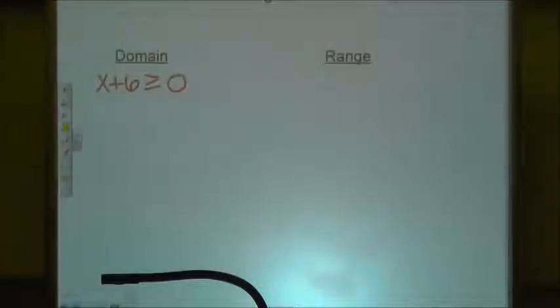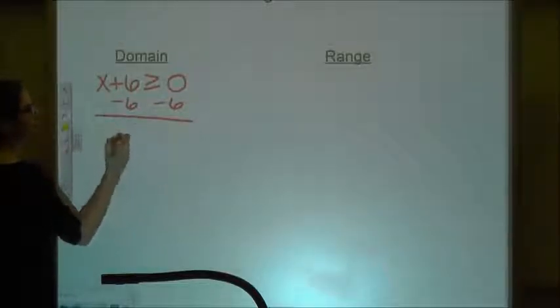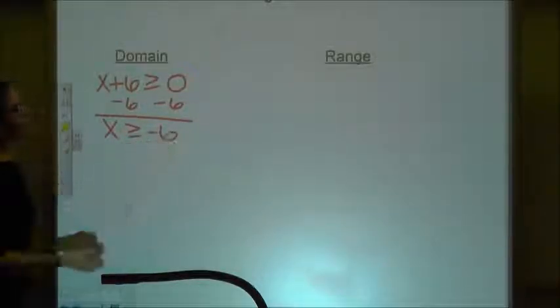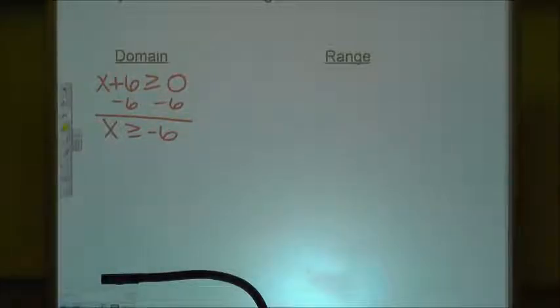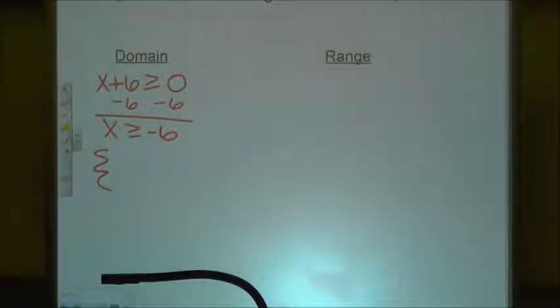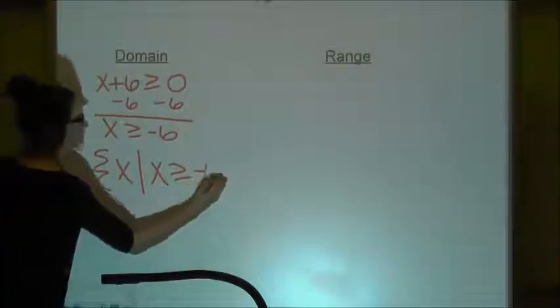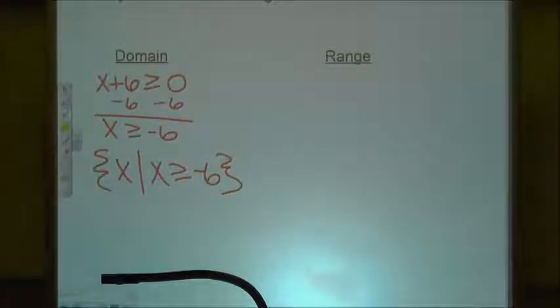For domain, you take what is underneath your radical, in this case it's x plus 6, and you set that greater than or equal to 0. Then you solve for your x. Subtract 6 on both sides and you get x is greater than or equal to negative 6. Then we put it in the right notation. So x line, x has to be greater than or equal to negative 6. Close your brace.